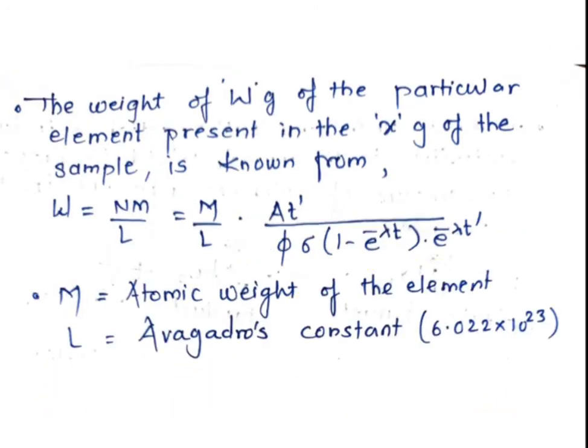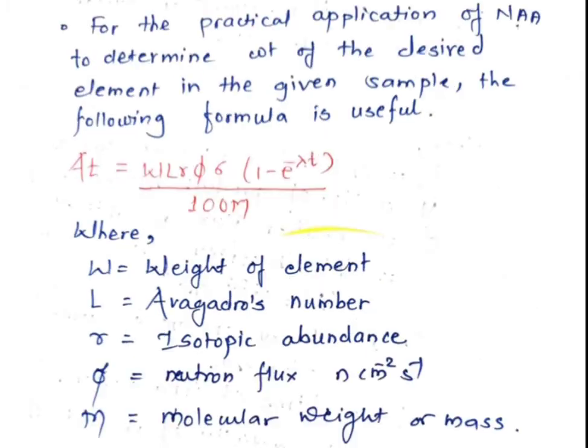So W is equal to M divided by L into A_t' divided by phi sigma in bracket 1 minus e raised to minus lambda t into e raised to minus lambda t'. Here two terms are new, M and L. M is the atomic weight of the element and L is the Avogadro's constant or Avogadro's number, that is 6.022 into 10 raised to plus 23.